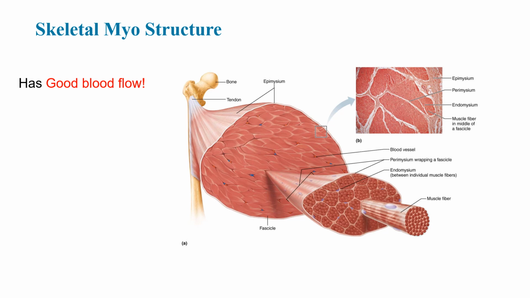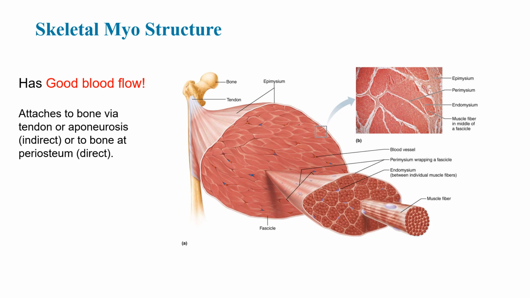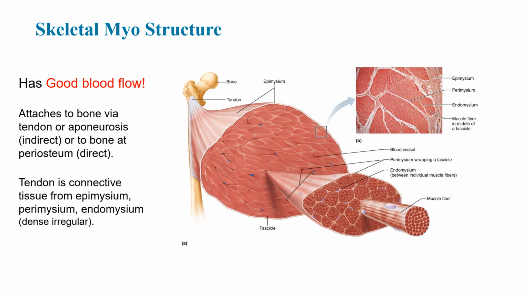Now we also have connections. We have to connect this muscle to other tissues, and you can do it a number of different ways. Most common is via tendon. Sometimes you can connect at the periosteum, but most of the time we're talking about skeletal muscle to tendon. And then that tendon is actually connective tissue.